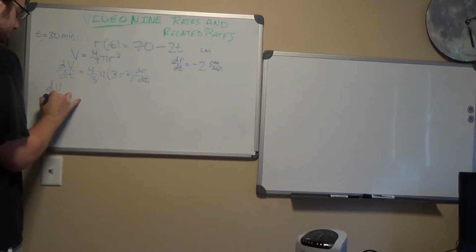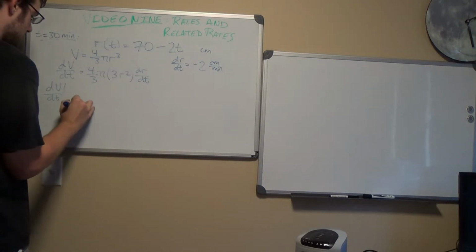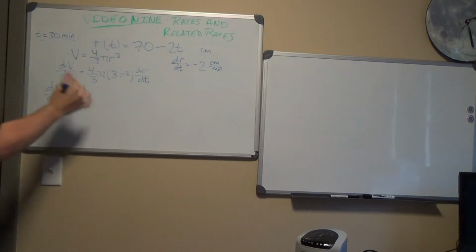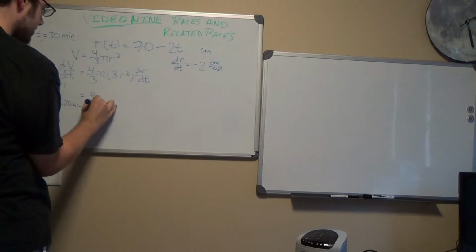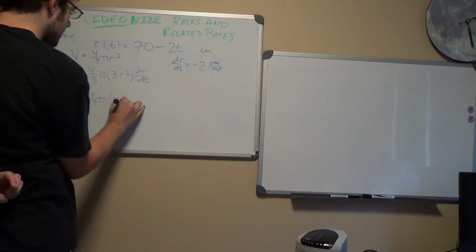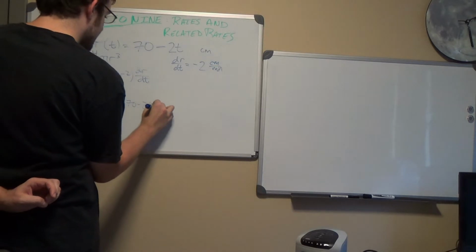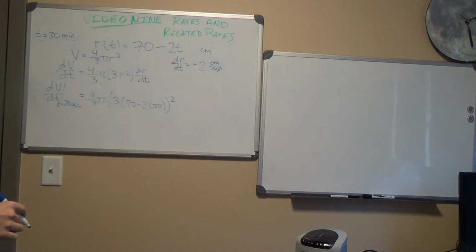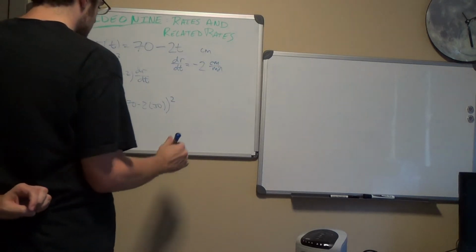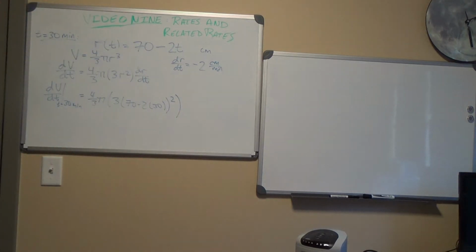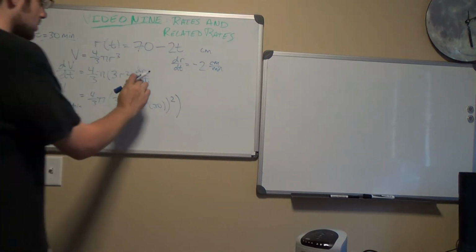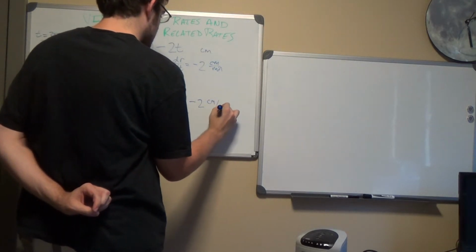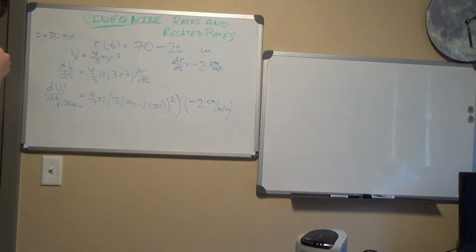So dV/dt after 30 minutes is equal to 4/3 pi times 3 times (70 minus 2 times 30) squared, and then we close that up, times the rate of change, -2 centimeters per minute.